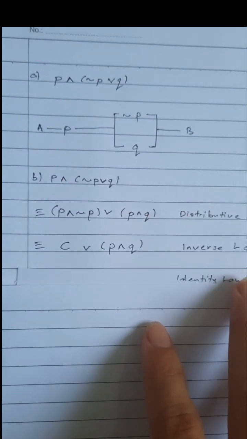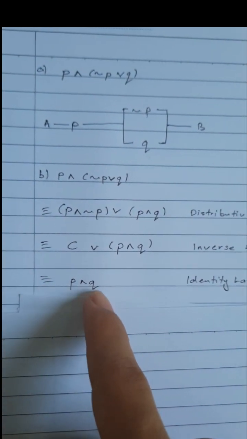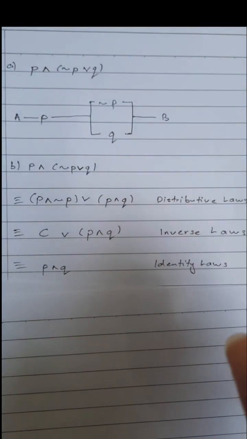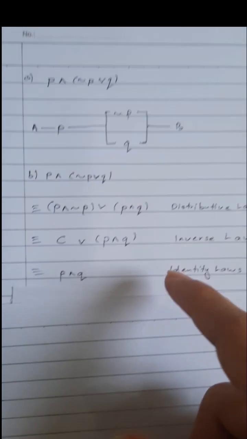So that means that we use the identity law like this. So the only thing that is left is P and Q. So that's all that we can do in here.